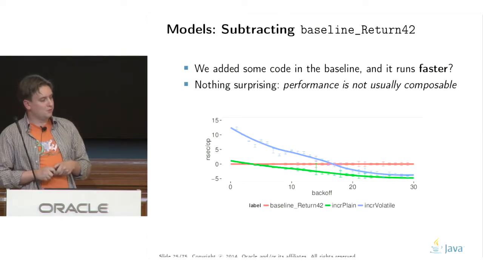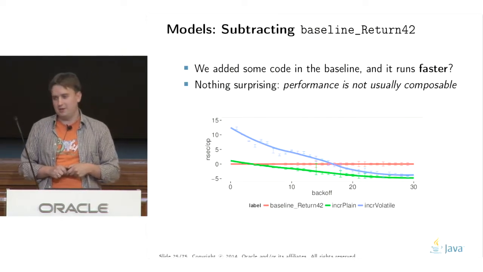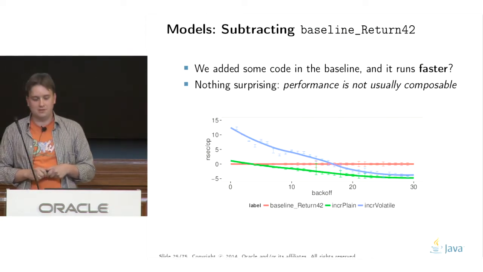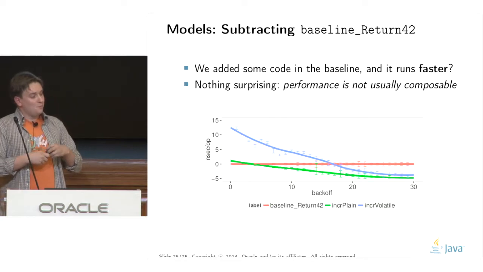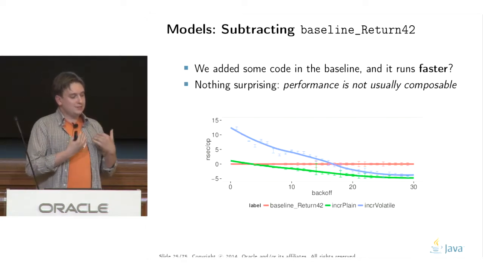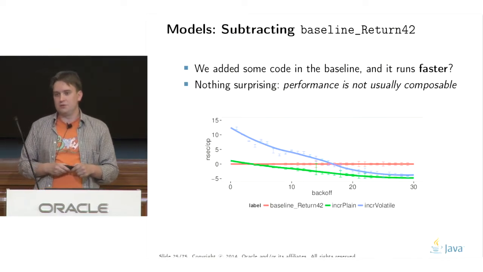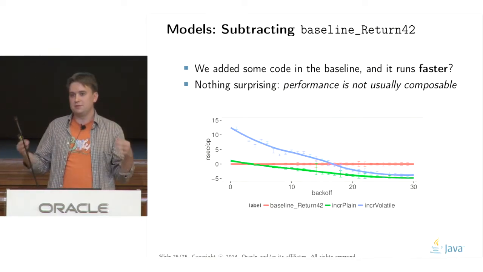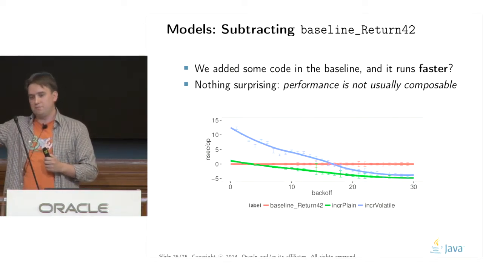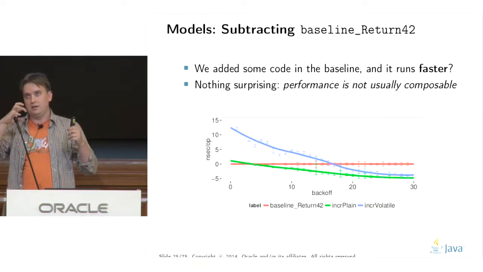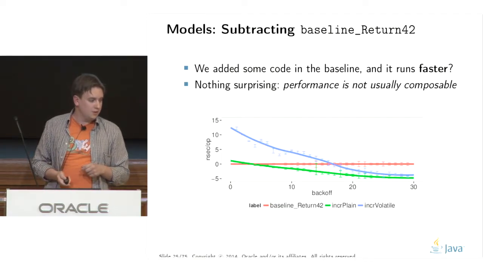People who are new to performance engineering kind of say that this is some magic and they don't understand this, so they will go and develop some JavaScript instead. But we know this is remarkable evidence that performance is not usually composable. The performance of the entire system is not usually a linear combination of the performances of each part of that system, which does something together.